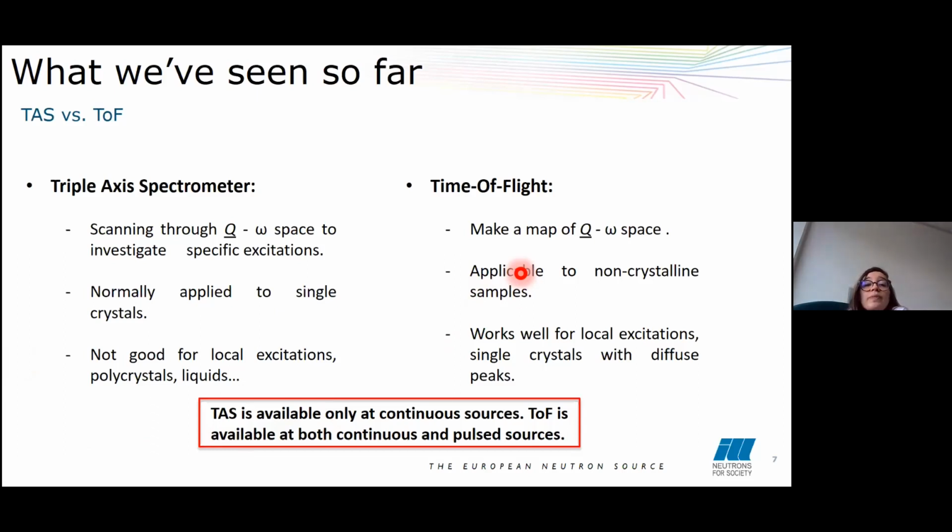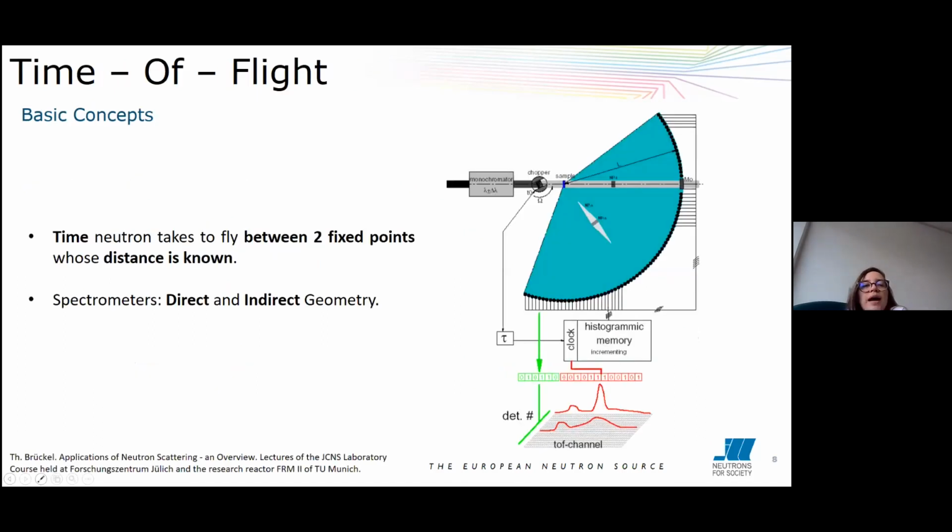And of course, apart from that, triple axis is available only at continuous sources, while time-of-flight spectrometers are available at both continuous and pulsed sources. So now, with this background, we can talk a bit more about time of flight.